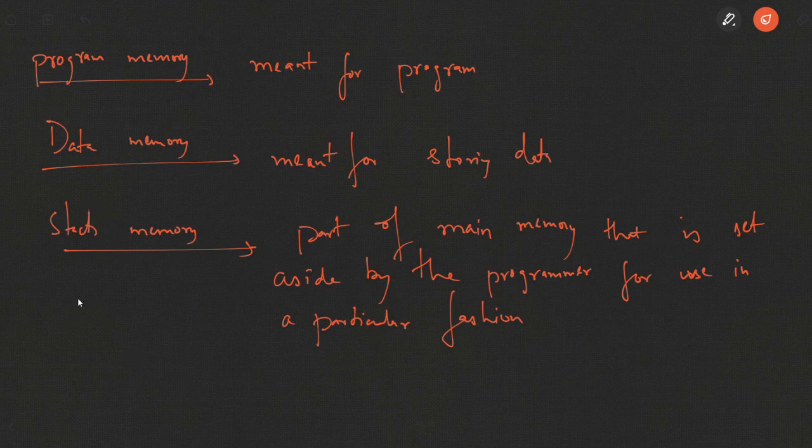It is set aside by the programmer himself, basically for use in modular programming. In modular programming, the problem under consideration is divided into a number of small independent modules that coordinate with each other, and these modules are divided on the basis of functionality.